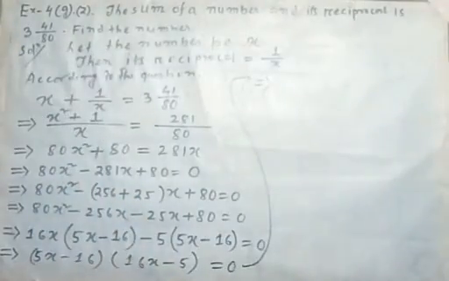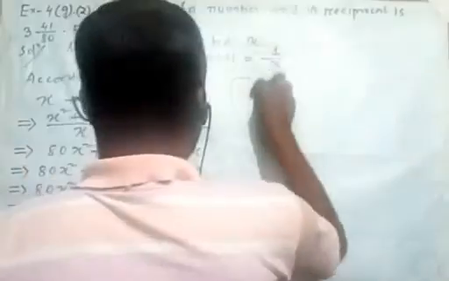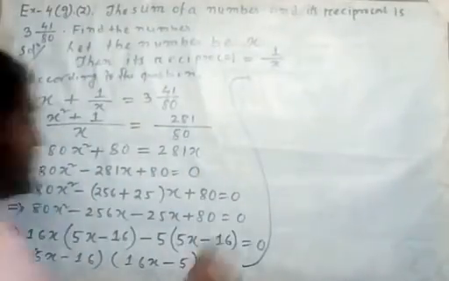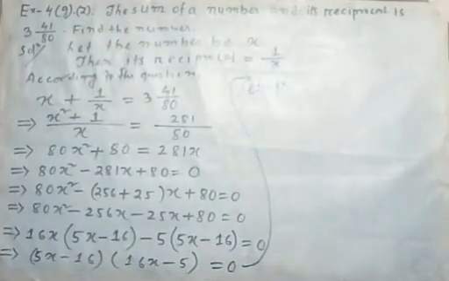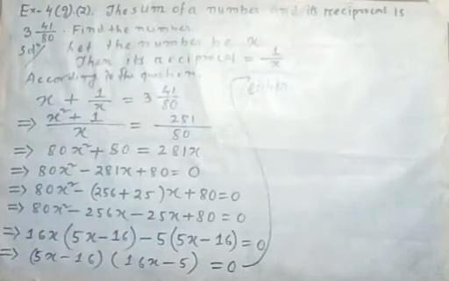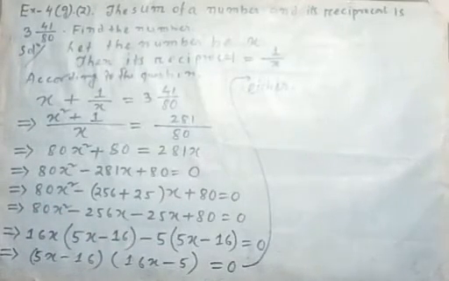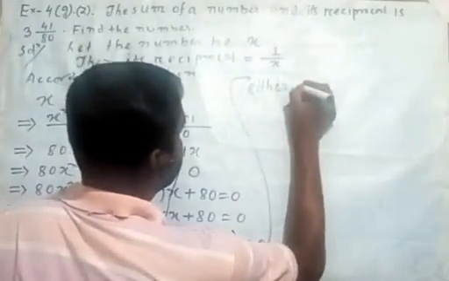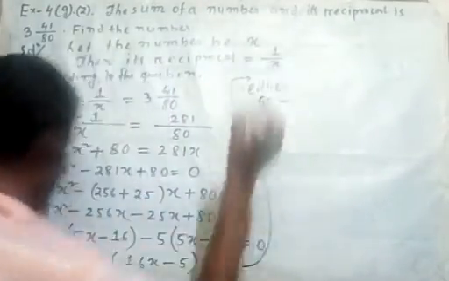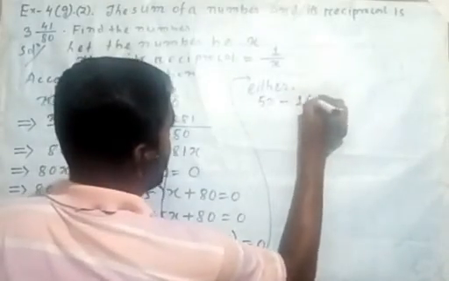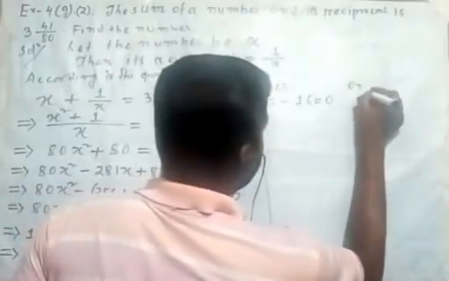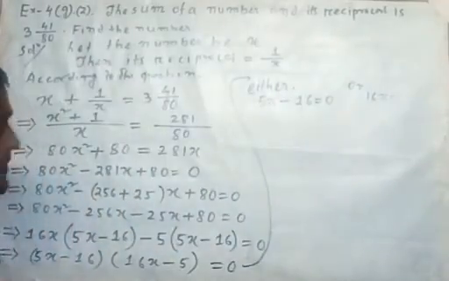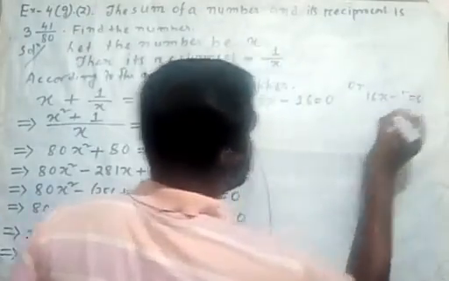You can write either 5x minus 16 equal to 0, or the other part, 16x minus 5 is equal to 0.